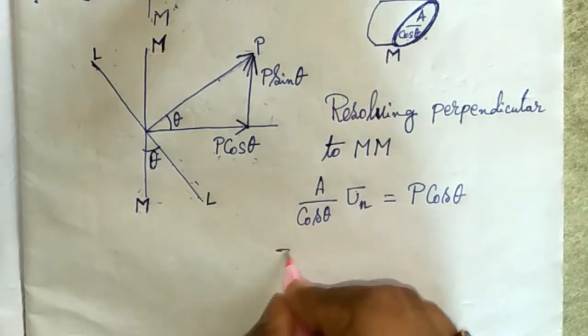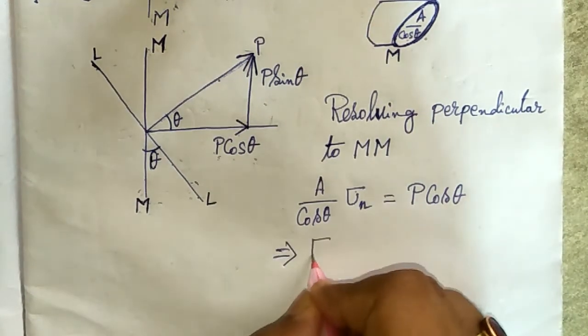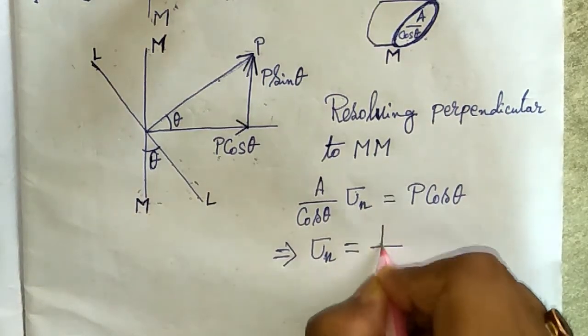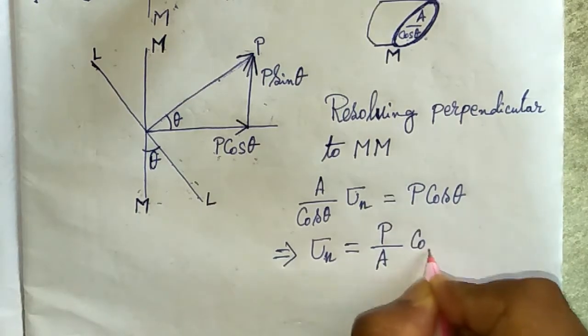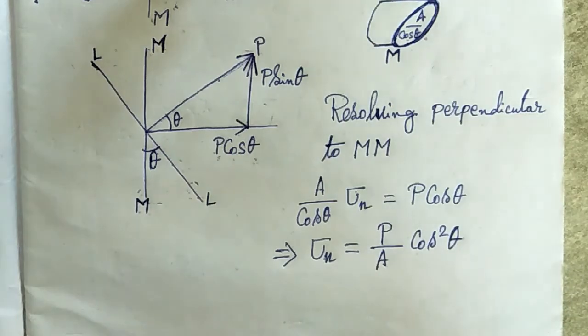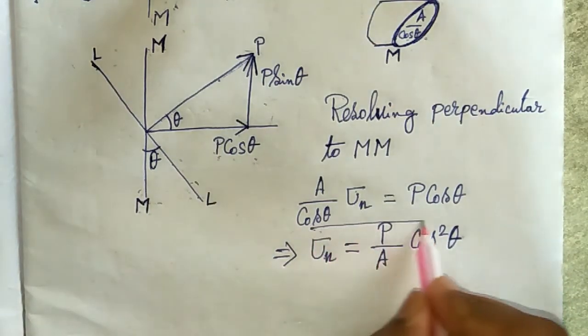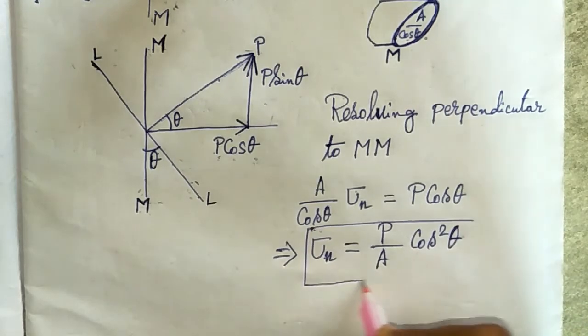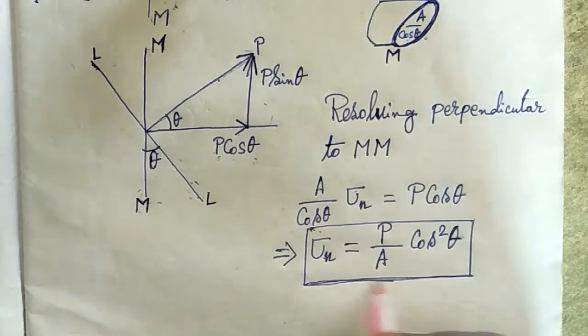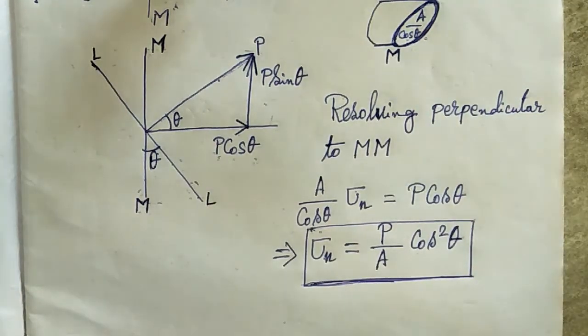So the value of the normal stress along this axis is P by A cos square theta. This is the value of the normal stress acting if the cross sectional area is inclined at an angle theta with the original cross sectional area.